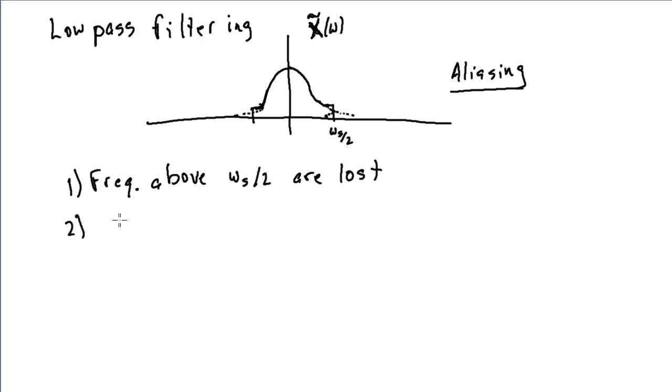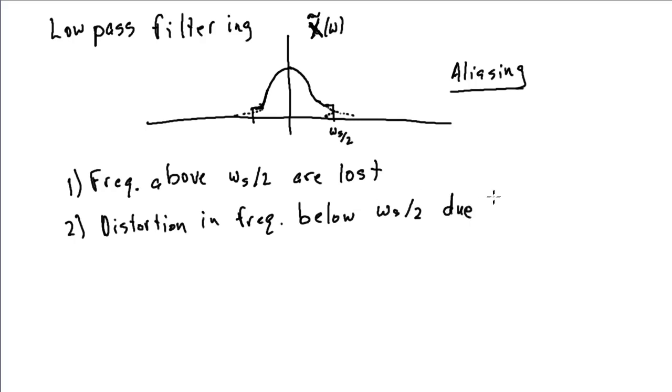And then the other effect is that there's distortion in frequencies below omega s over 2 due to the presence of frequencies that are actually above omega s over 2. Okay.